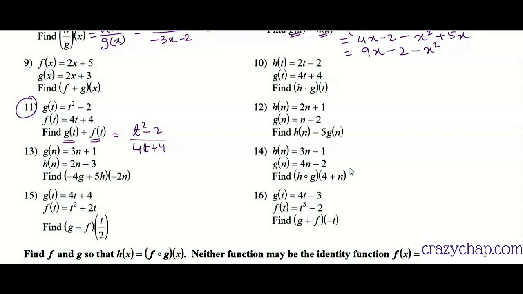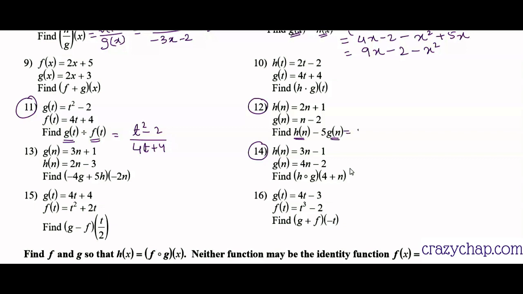Let's try question number 14. Before that, let's try question number 12. Question number 12 says h(n) function is given, g(n) function is given. We have to find h(n) minus 5 times g(n). So we'll just plug in the values for the respective functions.